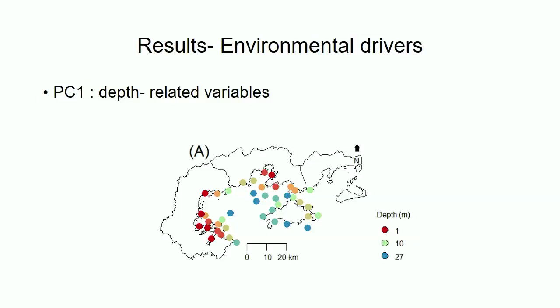This is coincident with the pattern we saw for the species compositions, in which the most uncommon places were in the shallower places. So you get some of the explanation for this by depth.